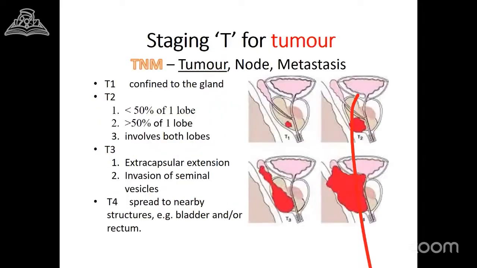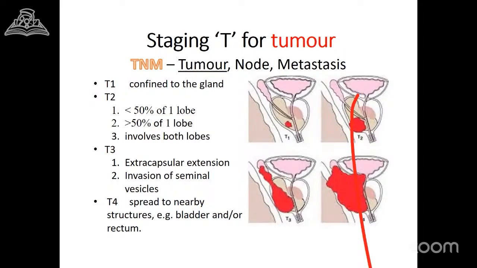So this is the explanation in this slide. It summarizes the T staging of prostate cancer, where T1 and T2 tumors are generally confined within the prostate gland. T2 disease is further divided based on the extent into involvement within one or both lobes of the prostate.